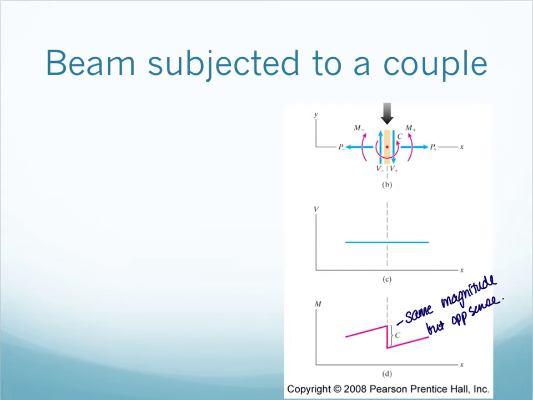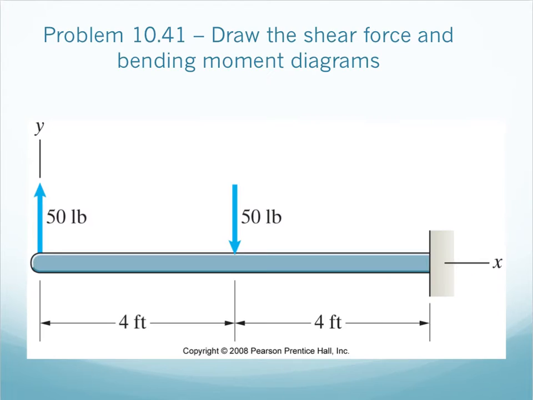It's counterclockwise. It doesn't affect the shear force diagram at all, but there is a discontinuity in the bending moment diagram, but it is in the opposite sense. See that there's a drop, even though the couple that was producing it was positive. So that's something that we have to remember as well. So those are some simple rules.